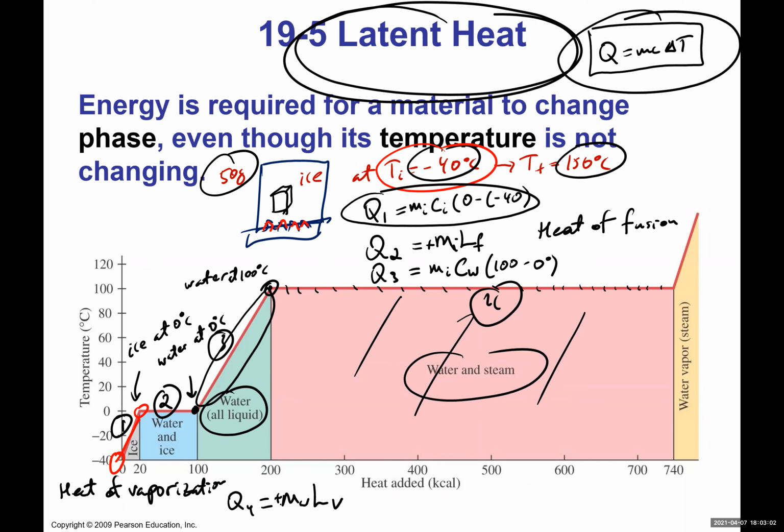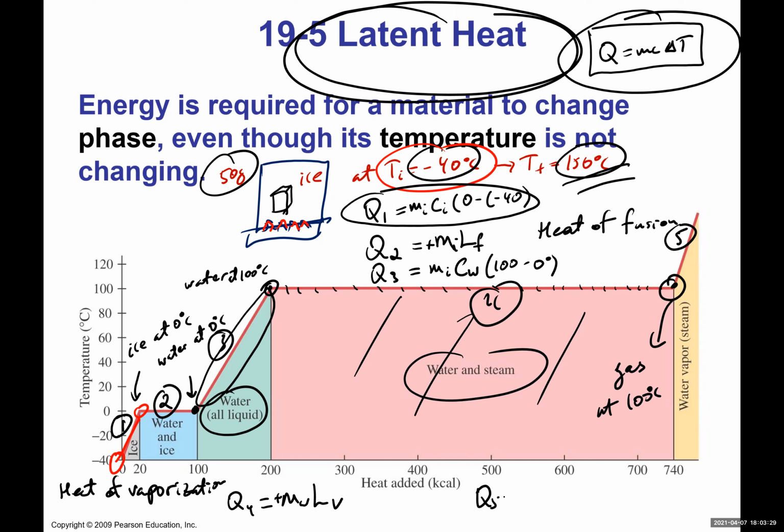Then we get to this point, where we are gas at 100 degrees Celsius. That means all the liquid water has now evaporated and it's in gas form. So stage 5 is to take that gas and increase its temperature to the desired 150 degrees.